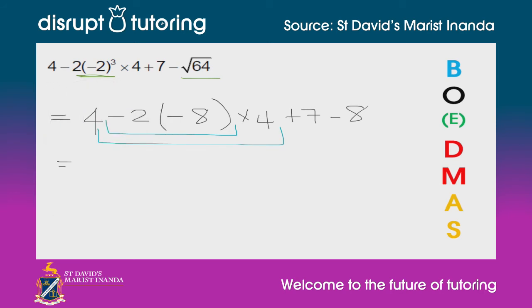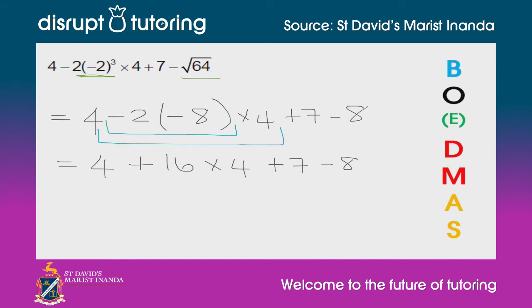So I'm going to break it down into 2 steps. I'm going to keep that 4 there. Now I've got a -2. Remember that minus belongs to the 2. So -2 times -8. The minus and a minus become a plus, okay? And then we've got 2 times 8, which is going to give us 16. And we've got times 4 plus 7 minus 8.